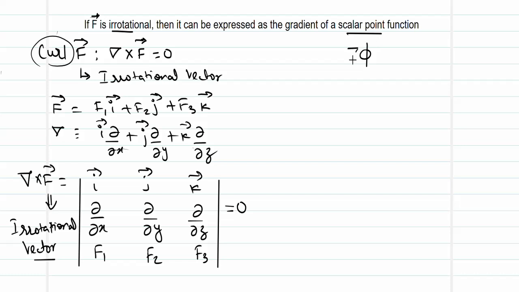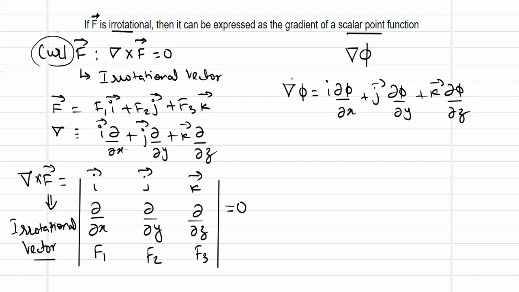It is given by del operated on your scalar point function. So del phi will be equal to i dou phi by dou x plus j dou phi by dou y plus k dou phi by dou z.